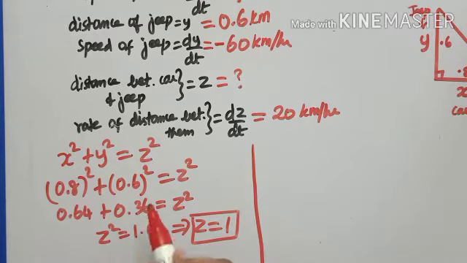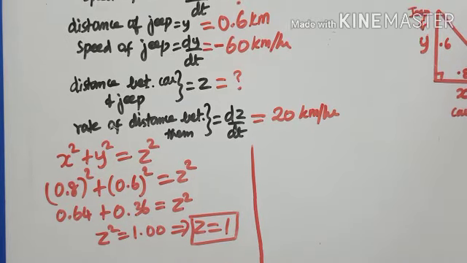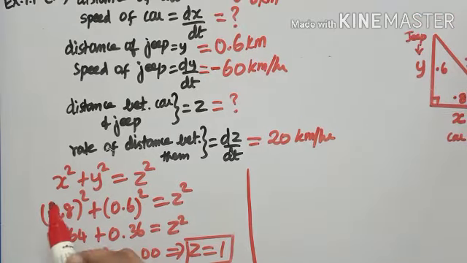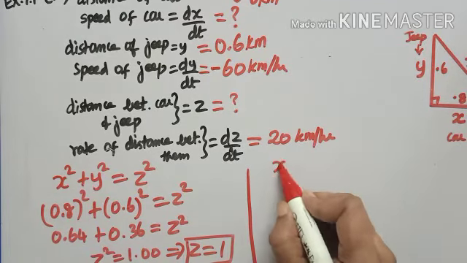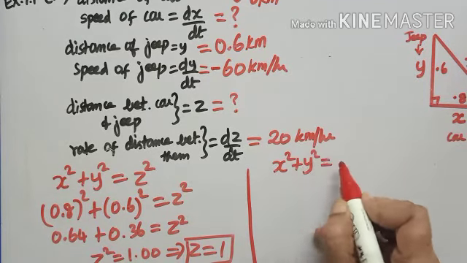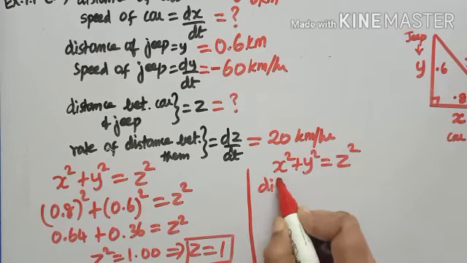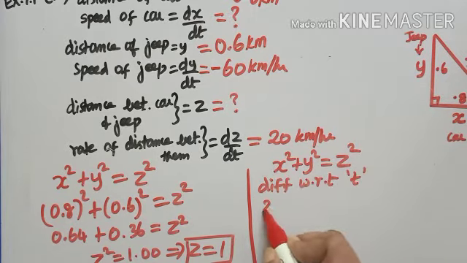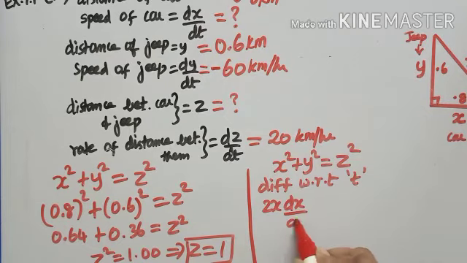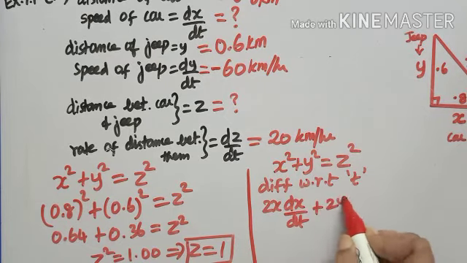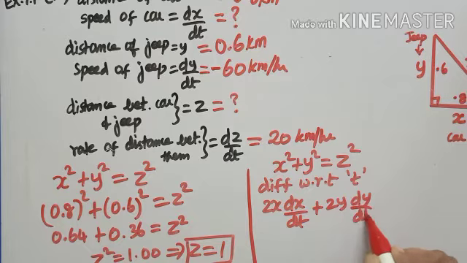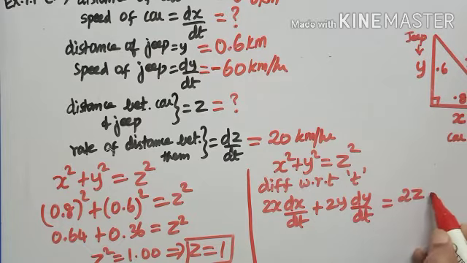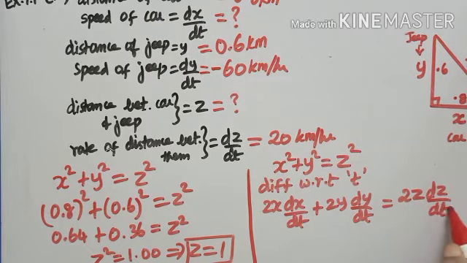Having known what is x, y and z, let us differentiate the same equation. X square plus y square equal to z square, differentiating with respect to t. X square becomes 2x dx by dt, y square becomes 2y dy by dt, z square becomes 2z dz by dt.